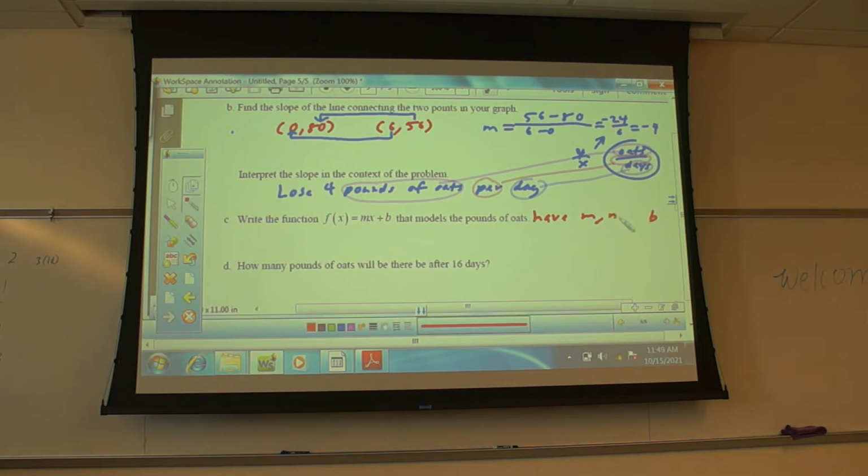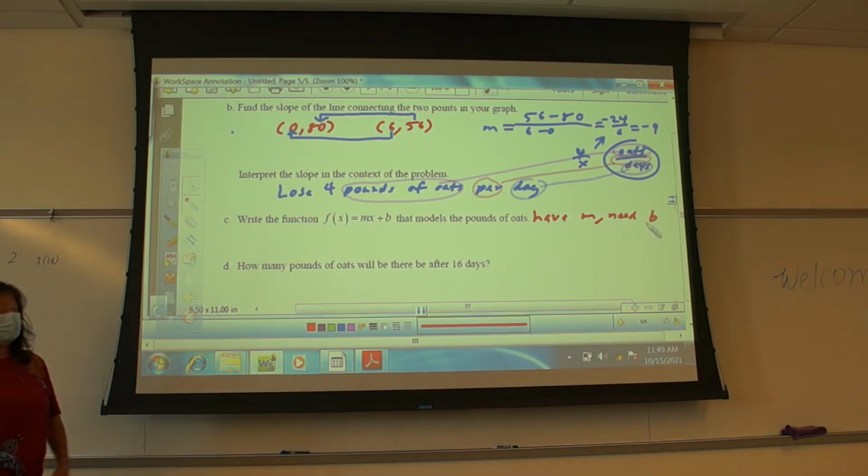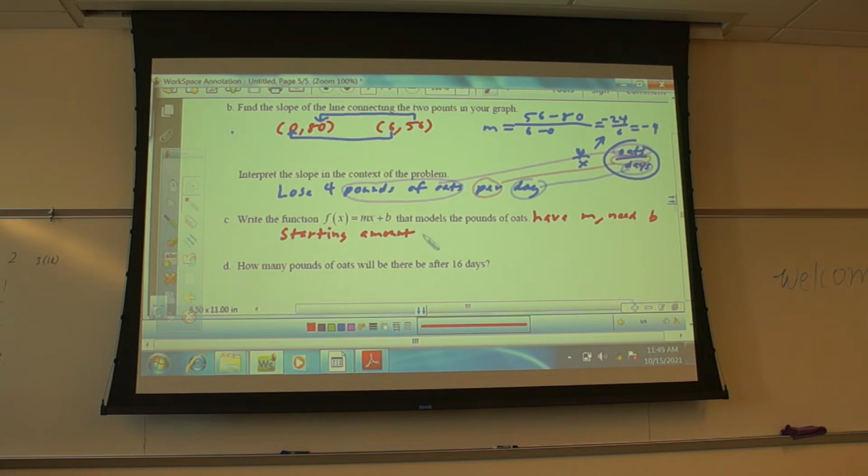It's our y-intercept. It's our initial amount. How much should we have to start with? 80. What's our y-intercept? 80. It's our starting amount. So b equals 80.